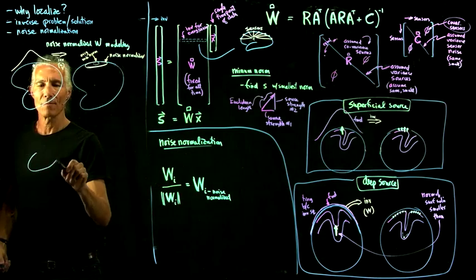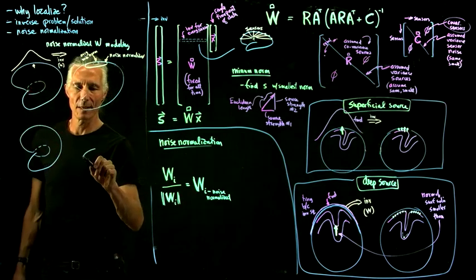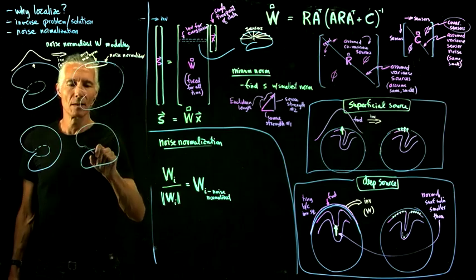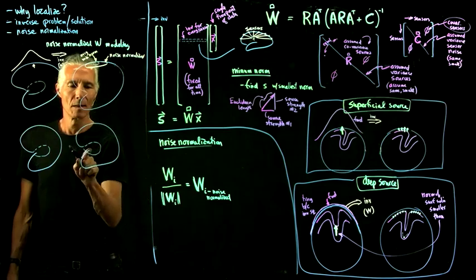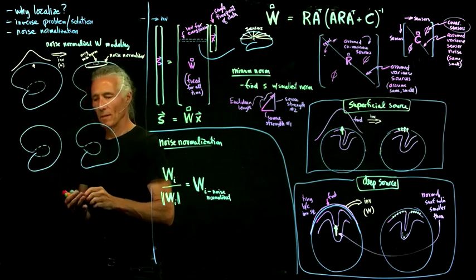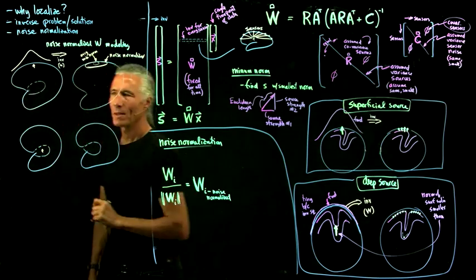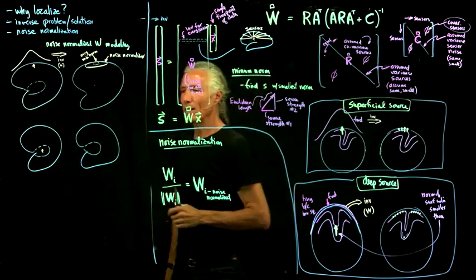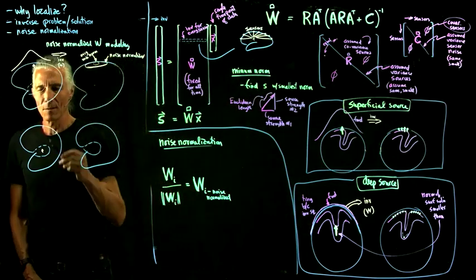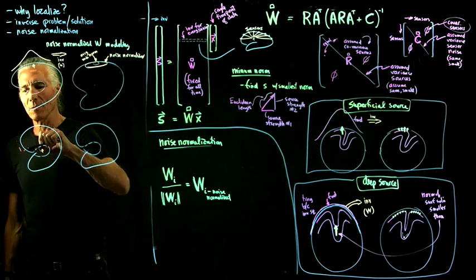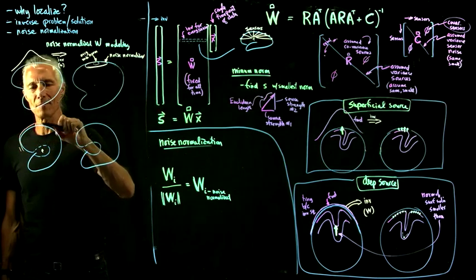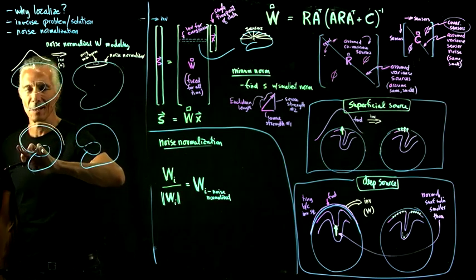If we have a deep dipole, say somewhere in the insula, just a couple centimeters deep, not very deep, we'll get this horribly spread out, very small solution like that.